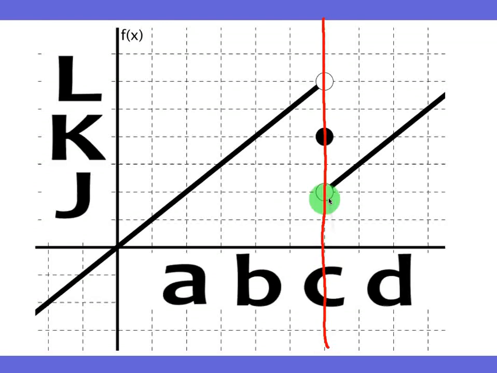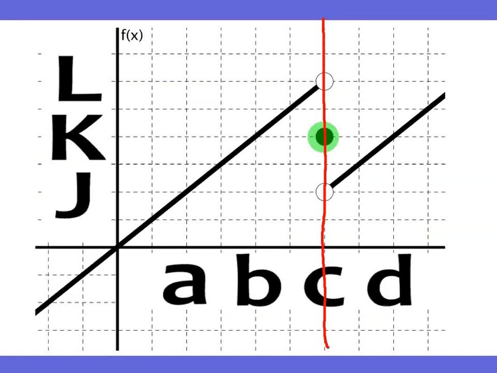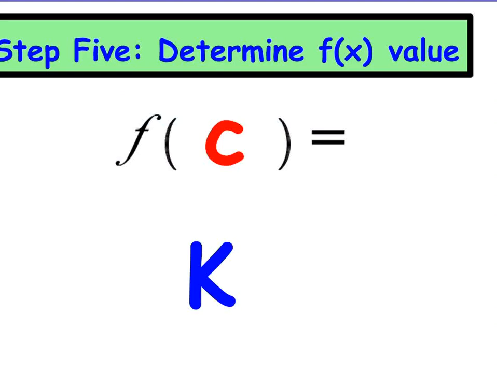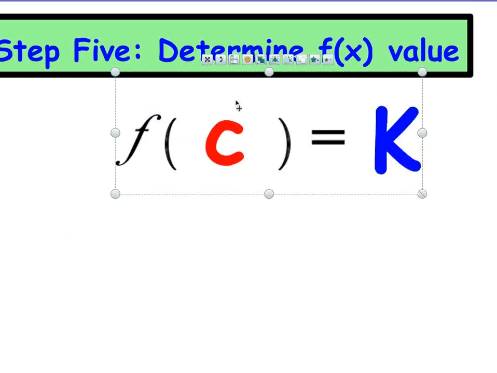I'll give you a hint. It doesn't touch here because it's a hole. It doesn't touch here. It only touches there. And again, since it's a function, it can only touch once. That's where it crosses the graph. Then we draw a horizontal line back. What do you get for the y value, or the f value? You get k. So you can get a variable back when you evaluate functions. It's perfectly acceptable. Therefore, for our final example, f of c equals k.